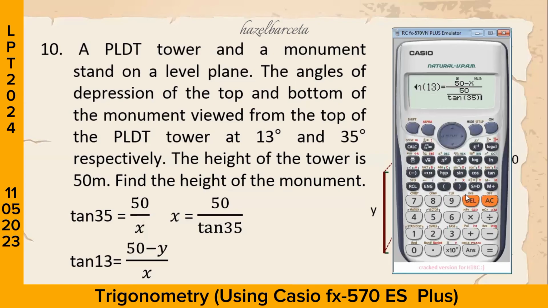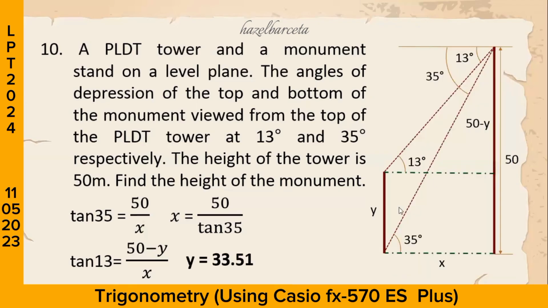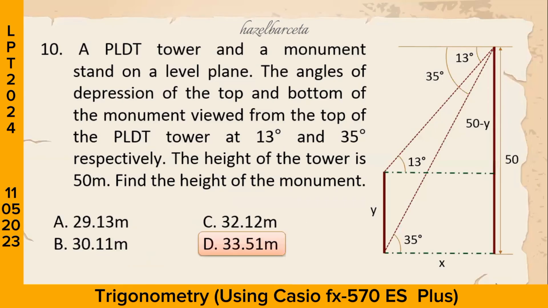Ayan. And the answer is, shift calc to solve for x. The answer is 33.51. So, tingnan po natin sa ating options. It's letter D. Okay, so nagkakapare-pareho yung ating problem pero iba po yung laman at iba po yung hinahanap. Ganun po ang ating trigo.